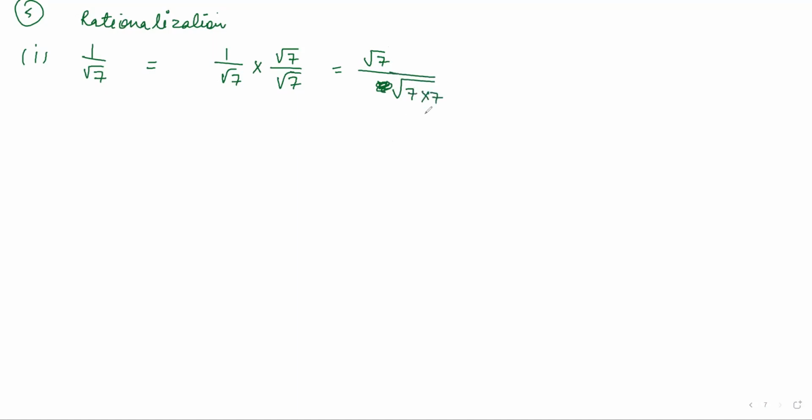Is that clear? Okay, so under root 7 divided by under root 49, and under root 49 is actually 7. Is that okay? Yes. So you can add these two steps, or otherwise you know that under root 7 into under root 7 is 7. Just write it like this, no problem.